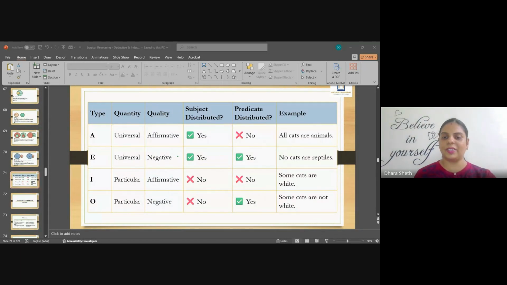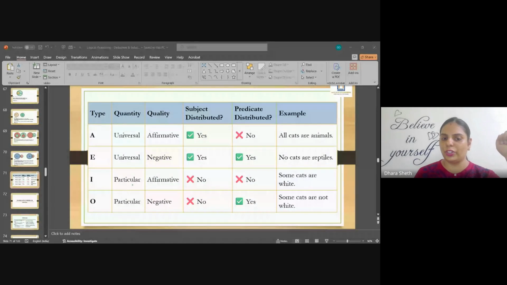Yes. Predicate distributed? No. All cats are animals. E-type statement is the universal negative. No cats are reptiles. Is the subject distributed? Yes. Predicate distributed? Yes.